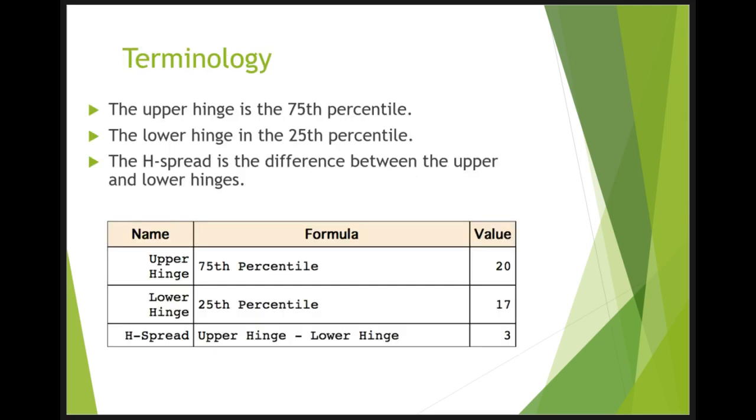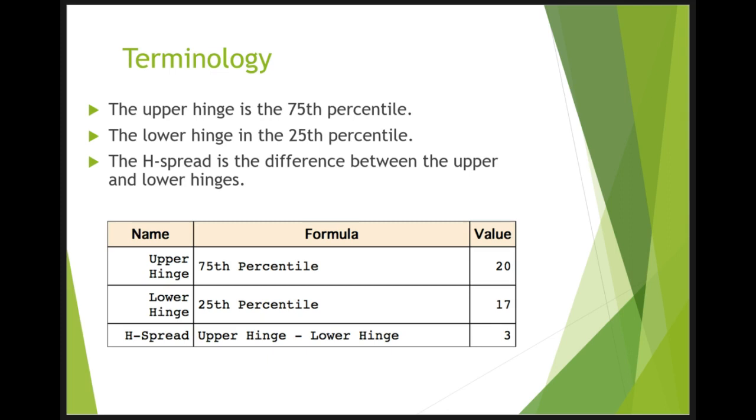Some terminology is helpful for explaining more about box plots. First, box plots can also be called box and whisker plots or box whisker plots. The upper hinge is the 75th percentile. Sometimes you'll also hear the upper hinge referred to as the third quartile or Q3.